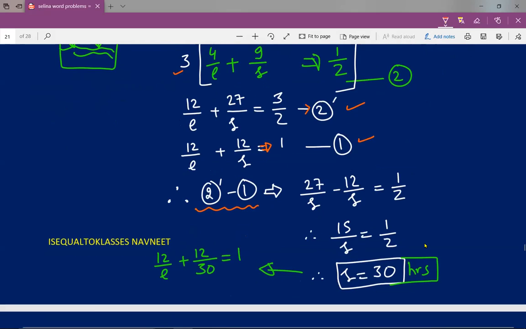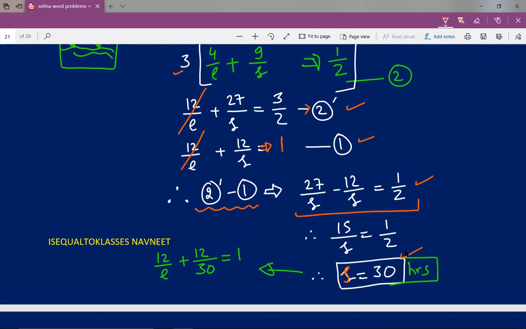So 2 dash minus 1, when I solve this and this will get cancelled, I'll have 27 upon S minus 12 upon S is equal to 3 by 2 minus 1. Now 3 by 2 minus 1 would be equal to half. And when I solve this, I get the value of S to be 30 hours.